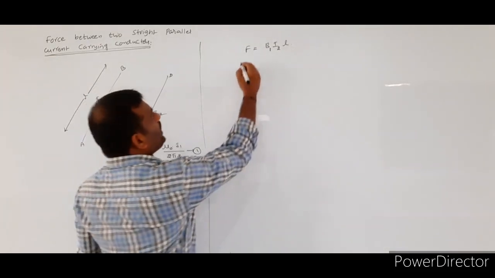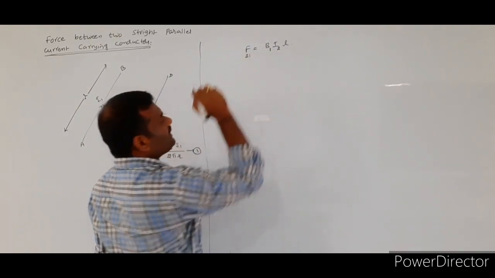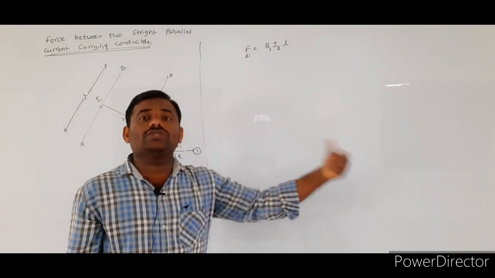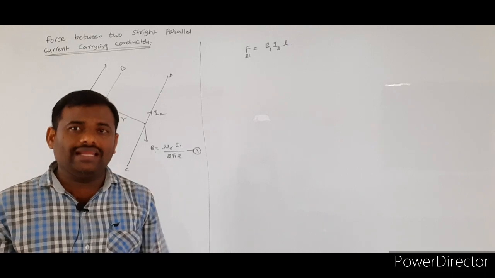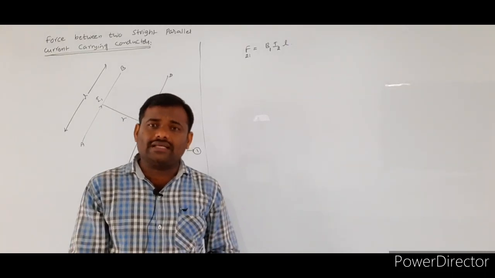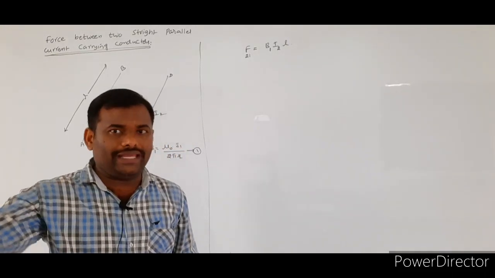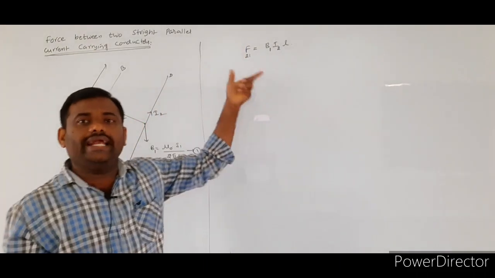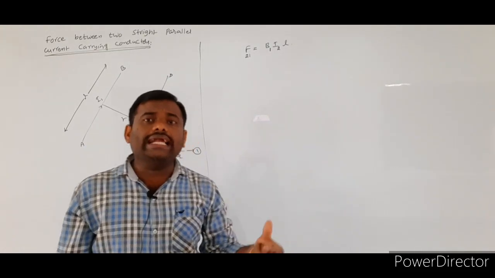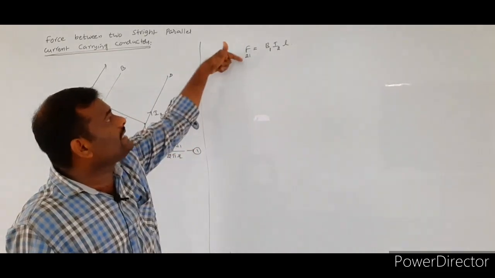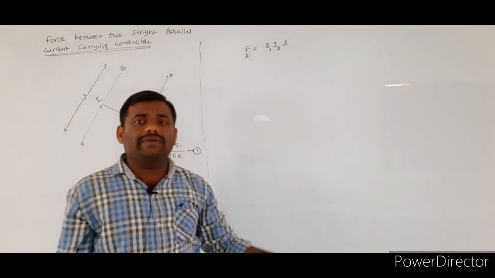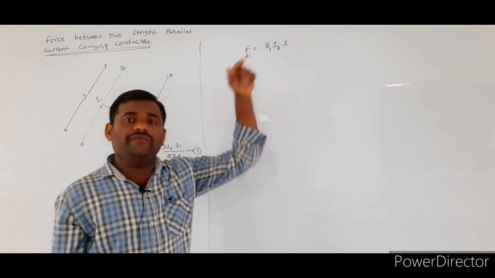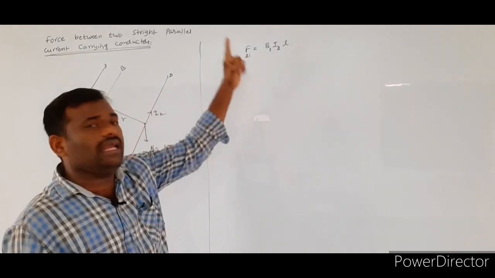That notation I represented with F21. What does F21 denote? Already in relative motion we know well: VAB means the velocity of A with respect to B. Here F21 is also nothing but a relative force. Relative force means the force experienced by the second current carrying conductor with respect to the first conductor.